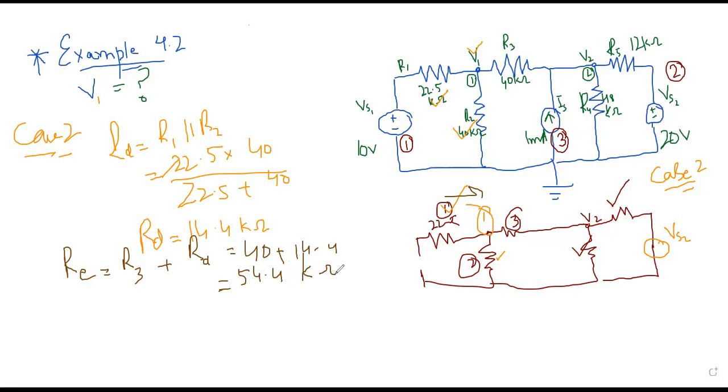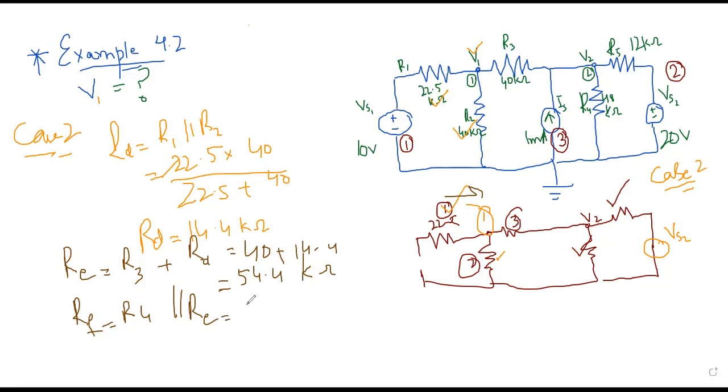Now for the next one, it is basically R4 and it will be parallel to RE. So I will suppose that it is RF. So RF equals R4 parallel to my value RE.